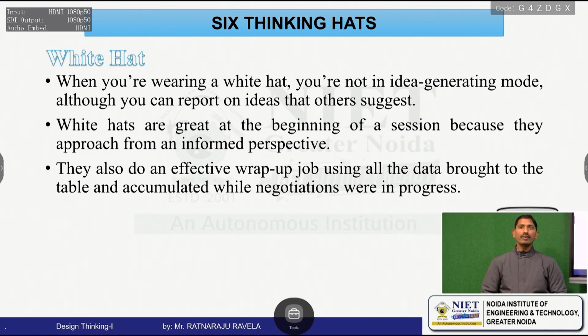Second, when we are wearing the white hat, we are not generating ideas, but we may suggest ideas to other persons. Generally we use the white hat at the beginning of the session, so that we can be properly informed about the process, methodology or technology required for implementing that idea.